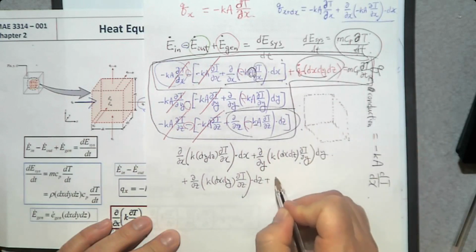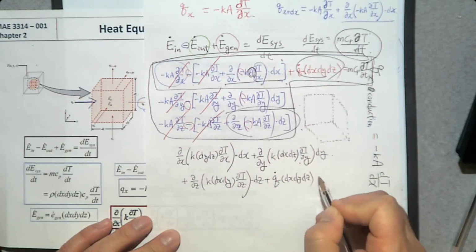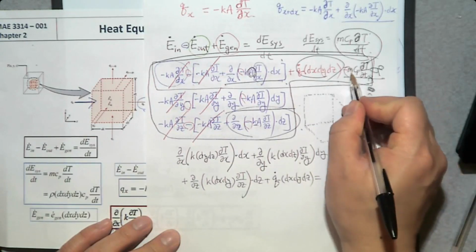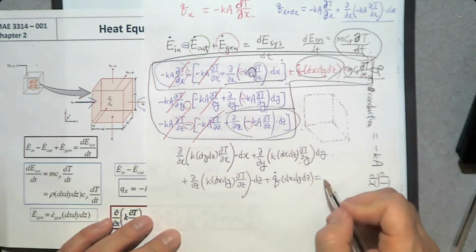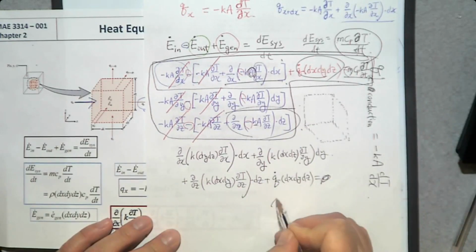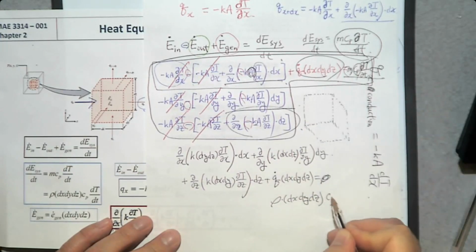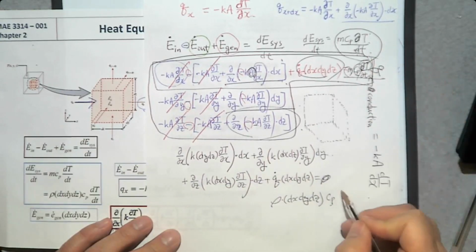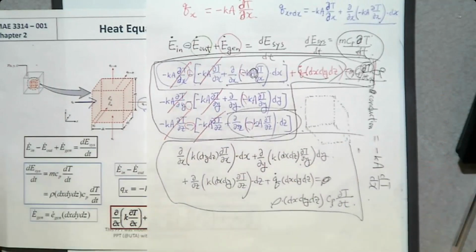Plus here, q dot dx dy dz is going to be this one, mass. By the way, mass can be density times volume. Density times, what is the volume? dx dy dz, times specific heat Cp times partial temperature over partial time. So this is the energy balance equation.